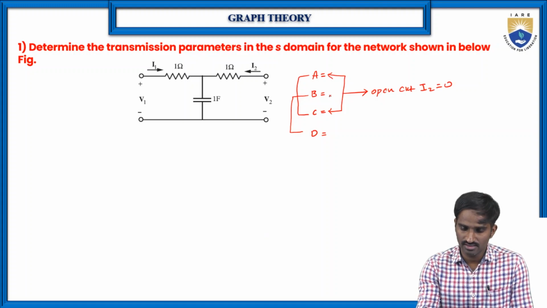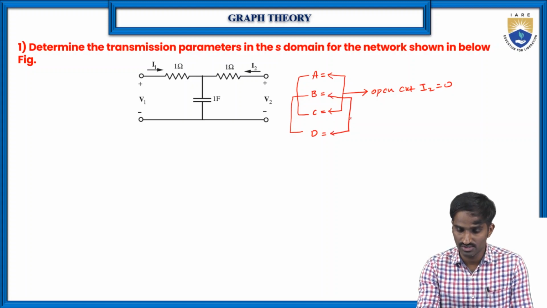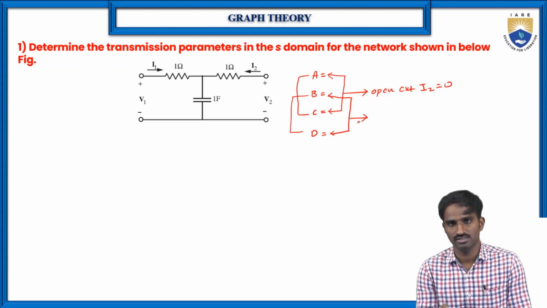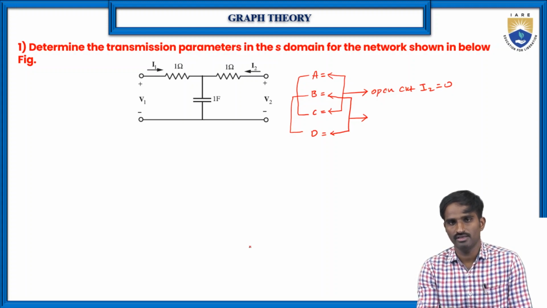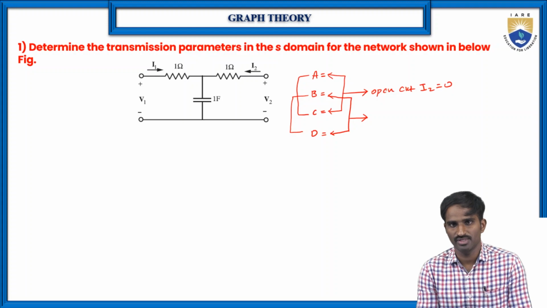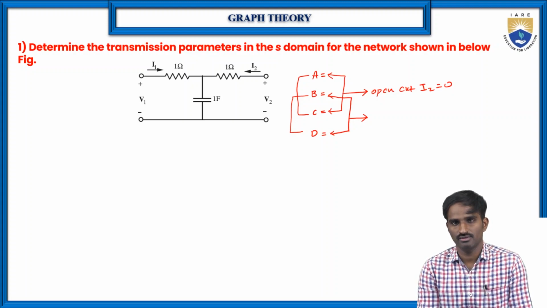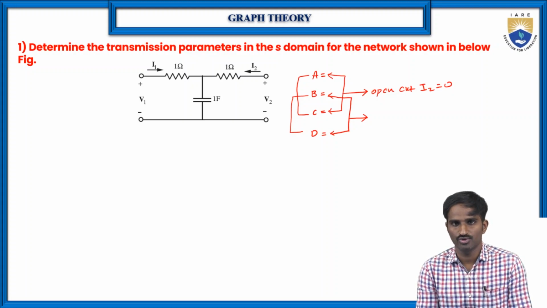Then in the second case, we find B and D. Of course, this also refers to the secondary side, because unlike in the previous cases of Z parameters, Y parameters and hybrid parameters, where in the first case we make the output terminal either open circuit or short circuit, and in the second case we do it for the input side, here in the transmission parameters we do both at the output side only.